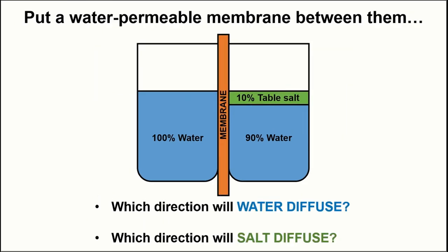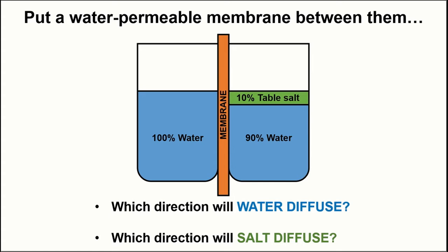So what we're going to do is put a water-permeable membrane in between these two vessels, which is represented by this orange bar here. My questions for you at this point are, which direction will water diffuse and which direction will salt diffuse?